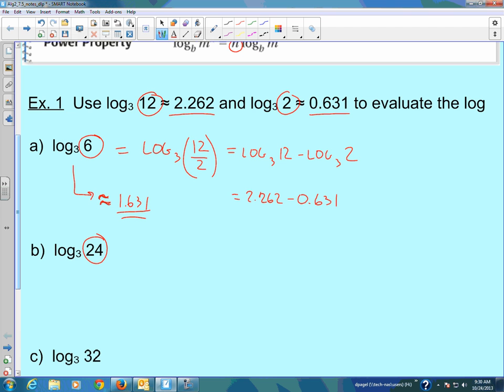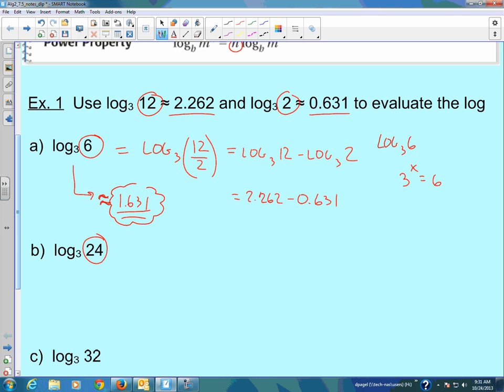I know that a log base 3 of 6 is the same thing as 3 to some power is equal to 6. Well, 3 to the first power is 3, 3 to the second power is 9, and 6 is in between those. So I'm somewhere between a 1 and a 2. And yes, we're somewhere in between a 1 and a 2 there with 1.631. So there's a mental check that I can do for these things.